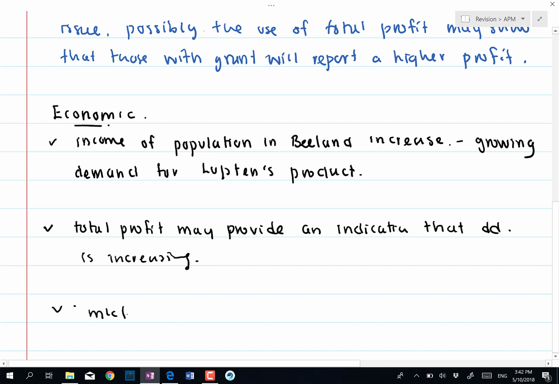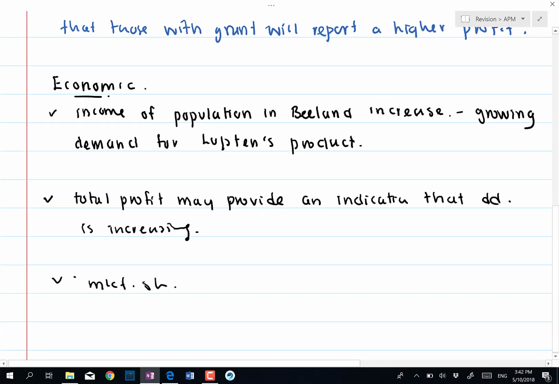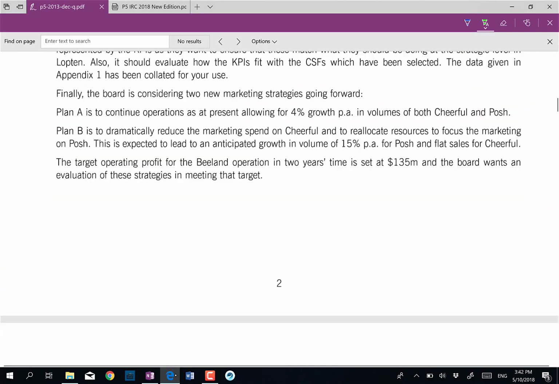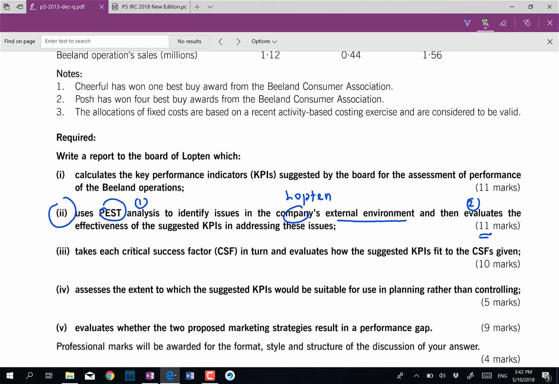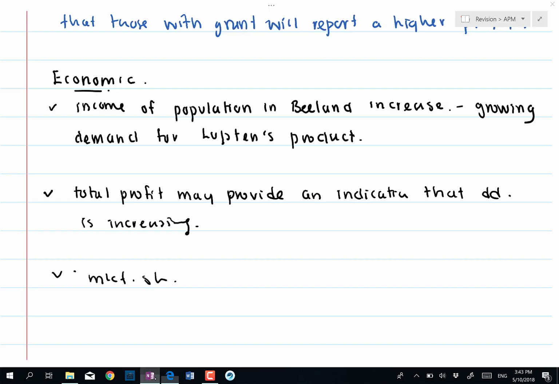Market share. Now, the examiner is asking student to evaluate the effectiveness. Okay, so market share of Lopten is expected to increase.